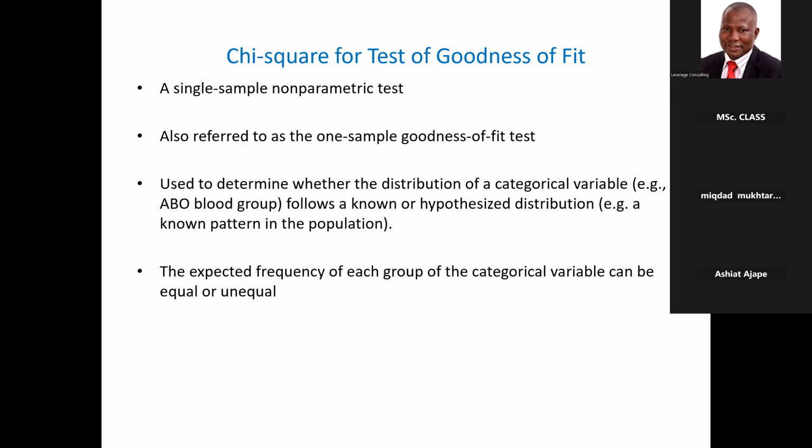It's used to determine whether the distribution of a categorical variable, e.g., ABO blood group, follows a known or hypothesized distribution, e.g., a known pattern in the population.